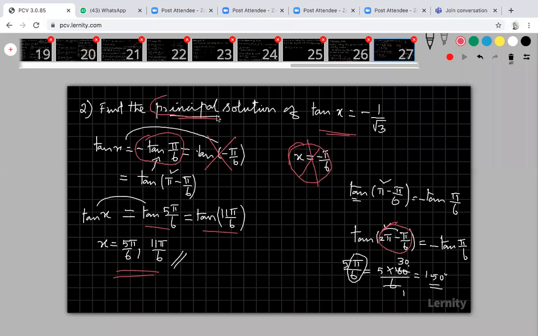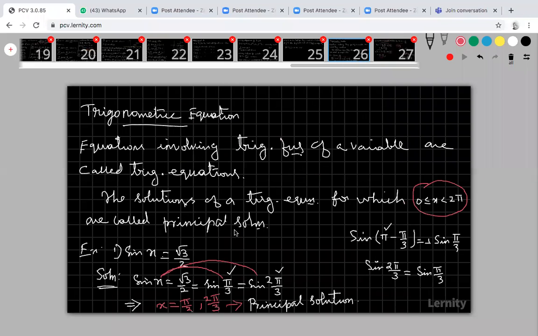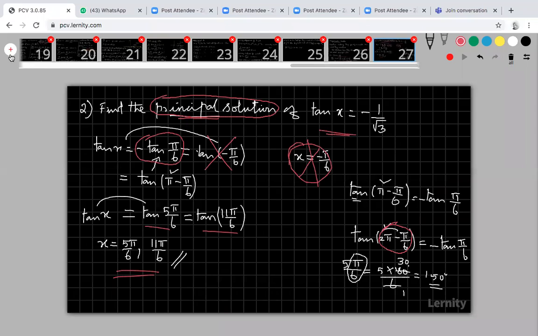What is a principal solution? Again, please recall the definition. My principal solution means my solution x lies between 0 and 2 pi. Any solution of x that lies between 0 and 2 pi is called a principal solution. Now I am going to the general solution.